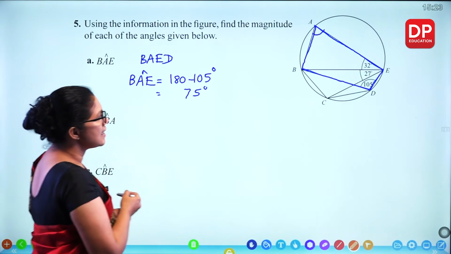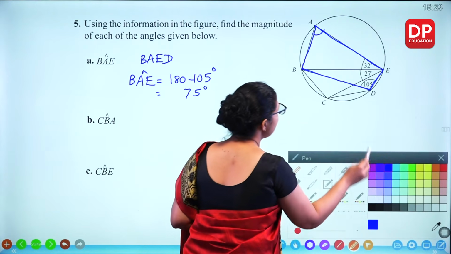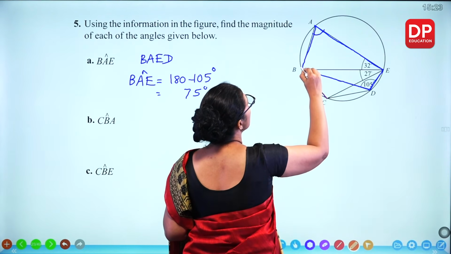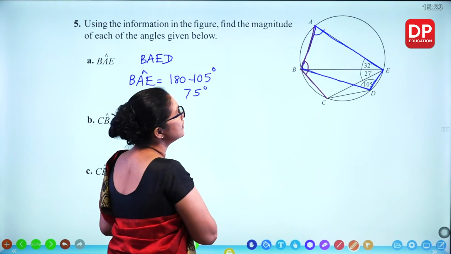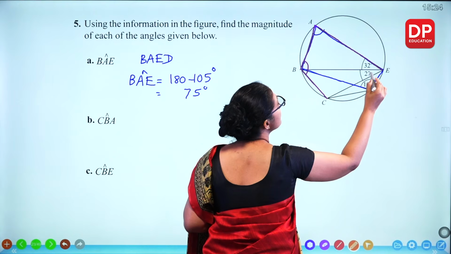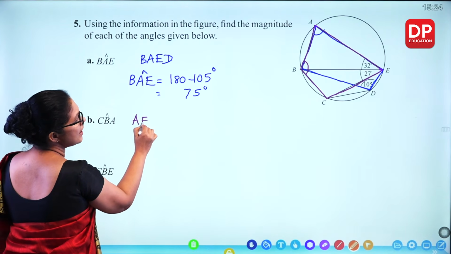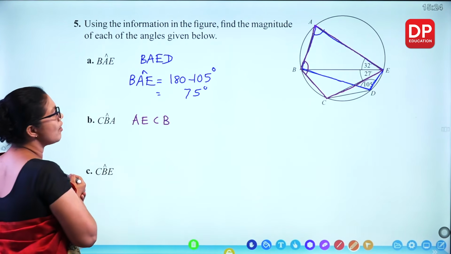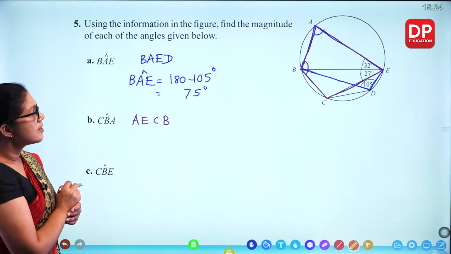CBA. Now we need this angle. Now we'll take this cyclic quadrilateral. What can you say about this one? AECB, cyclic quadrilateral. Angles are supplementary.